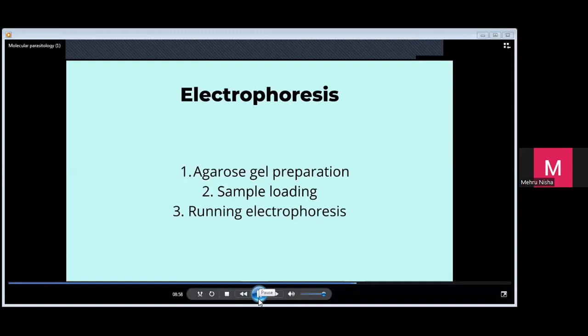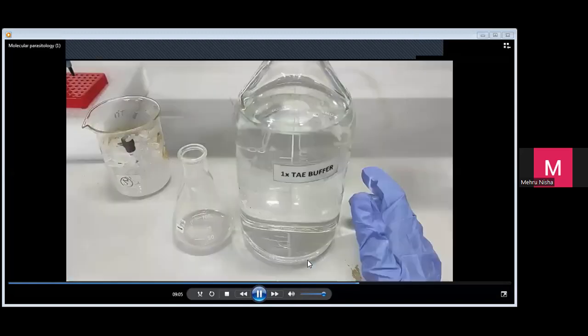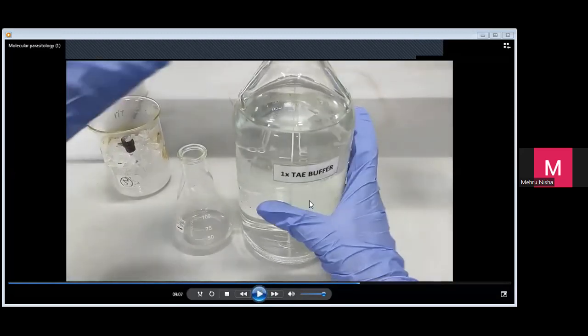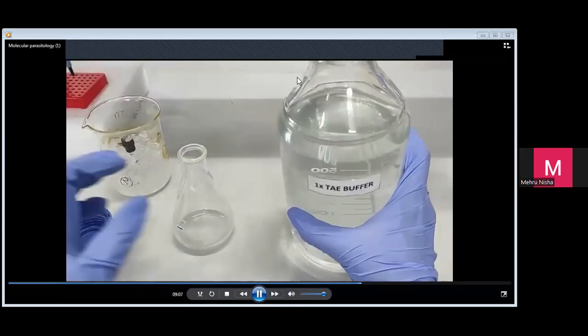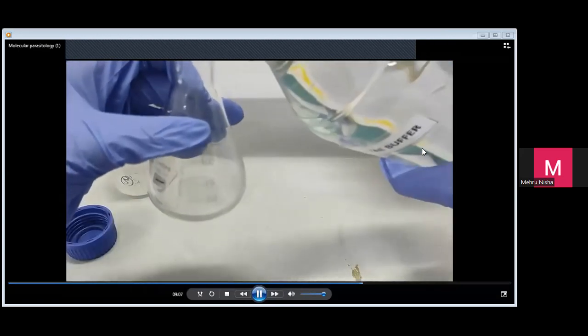So yang ni kita kena prepare agarose gel lah. So agarose gel ni ada dua, kita boleh buat either TBE, tris borate acetate, atau TAE. In our lab we use tris acetate. So how we do? We just mix it, bagi dia 1%. 10% we make it 1%.